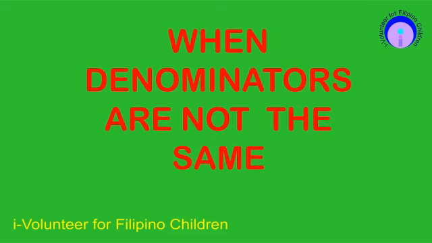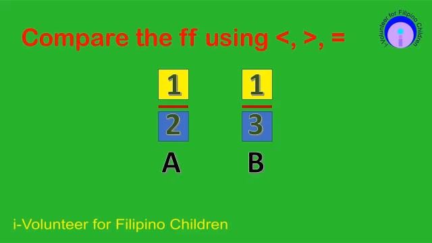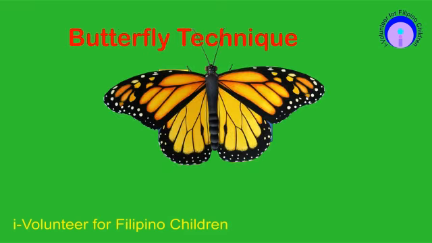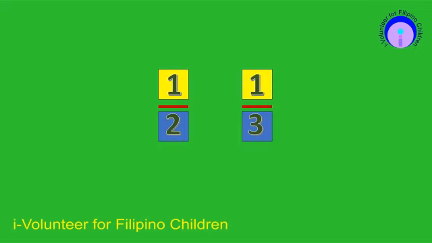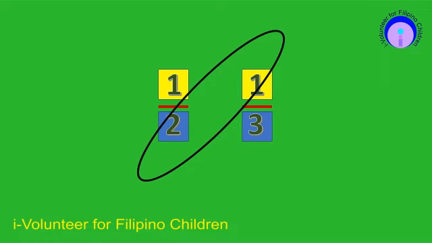How about if we have denominators which are not the same? For example, 1/2 versus 1/3. One of the ways is called the butterfly technique. The denominator is multiplied with the numerator of the other. 2 times 1 is equal to 2.